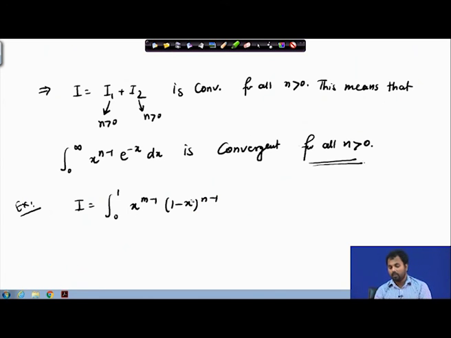Here we can see that 0 and 1 can be points of discontinuity for certain values of m and n, and for this integral we can also talk about its convergence and the range of m and n for which it converges. We will see this integral in our next chapter, because it is also in our syllabus, and this integral is called the beta function.